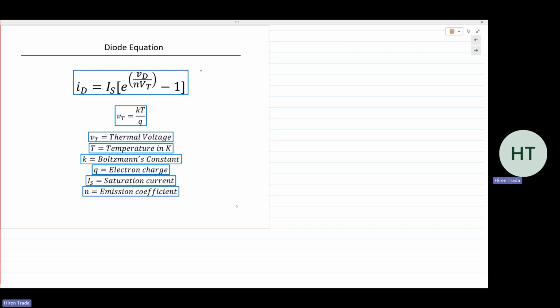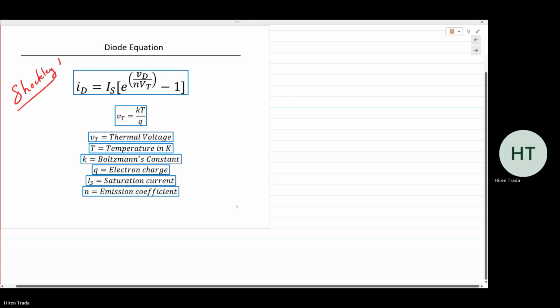Sometimes also known as the Shockley equation, named after William Shockley, one of the inventors of the solid state transistor device. So ID, the diode current, is equal to IS times e raised to VD over NVT, minus 1. Let's take it one by one.